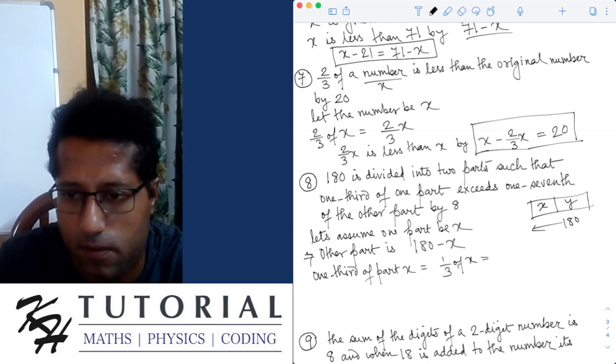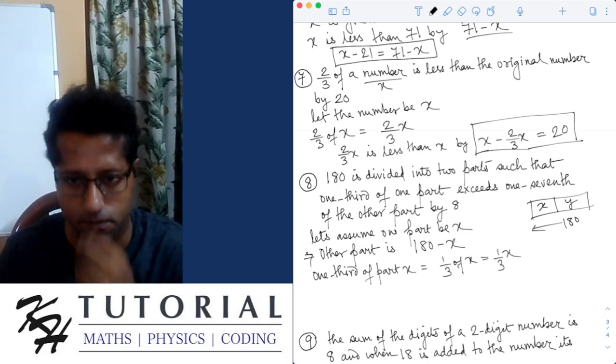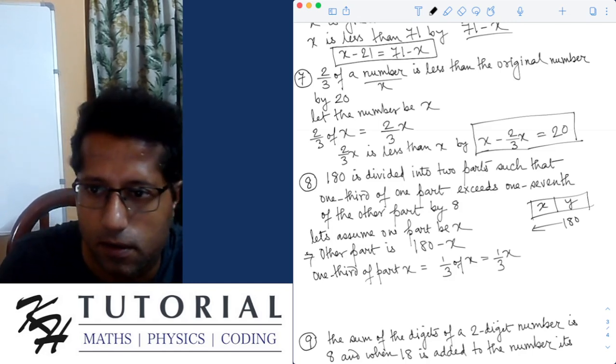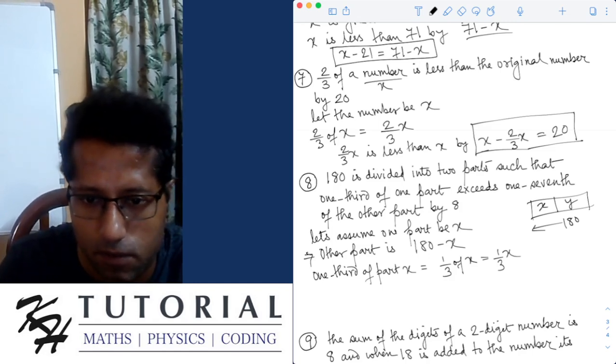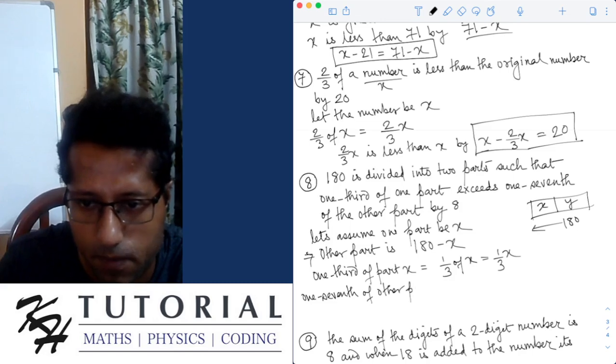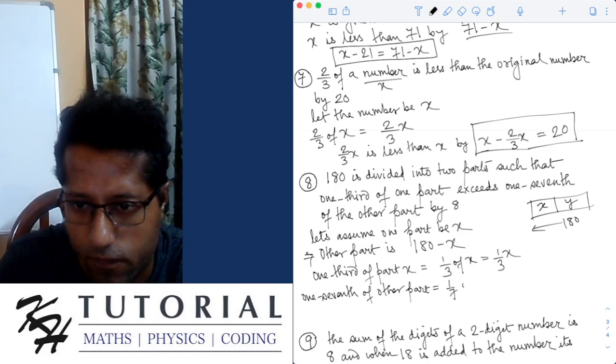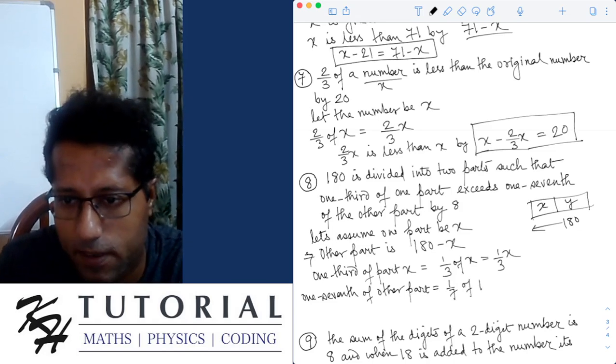This is nothing but x, 1/3 into x, that is x by 3, and 1/7 of the other part, 1/7 of other part, we know that 180 minus x.